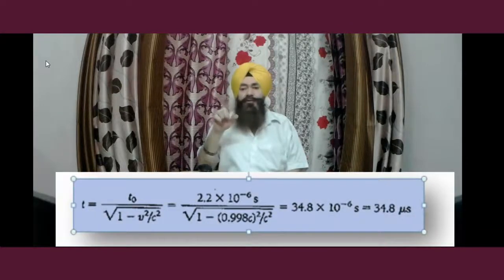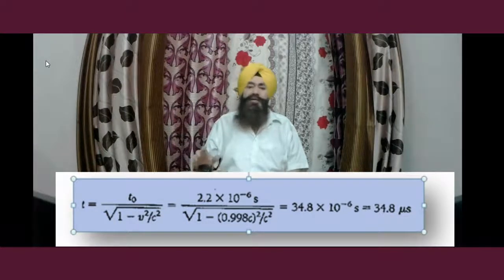But when we observe the lifetime of the muon, it will not be 2.2 microseconds; it will be delayed, because of time dilation. Time dilation means that if we are in a different frame than the muon frame, since the muon is traveling at very high speed, for us the decay time becomes longer.